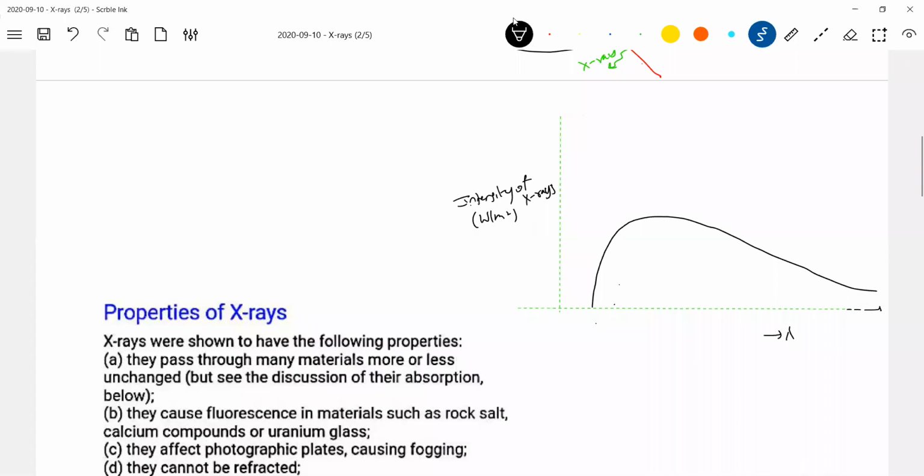We have to stop it here, and this is called the cutoff wavelength, or in the books, lambda naught. For a particular wavelength the intensity is maximum. Then who will determine this cutoff wavelength, lambda naught? And this is called a continuous spectrum.